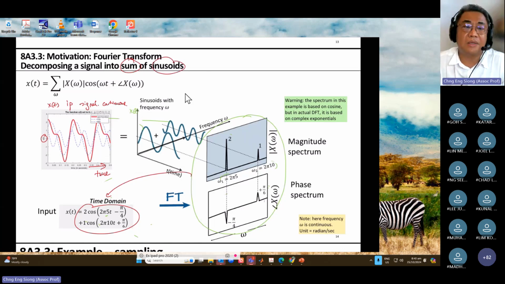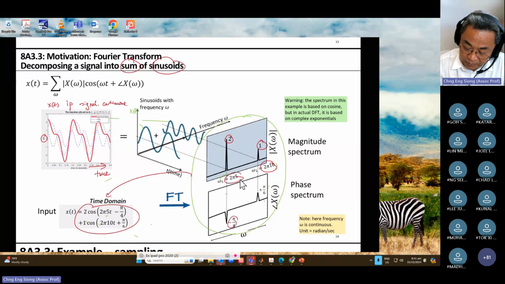And when we say sum of sinusoids, what do we need in the sinusoids? We need, of course, the frequency where the signal is existing, the amplitude of the cosine or the sine at that frequency, as well as the phase. So this is Fourier transform.